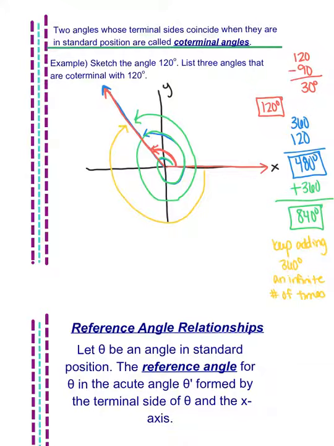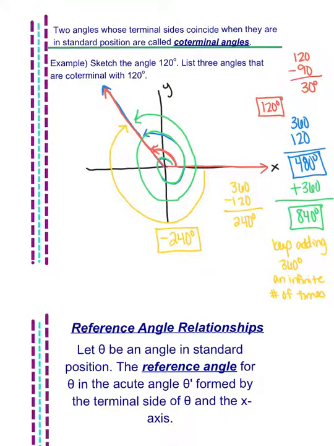So if I were to take 360 minus the 120, I would see that I'm left with 240 degrees. So if I'm looking at this yellow angle here, since I rotated clockwise, that would be negative 240 degrees. And that also shares the same terminal side as 120, so it's coterminal as well.